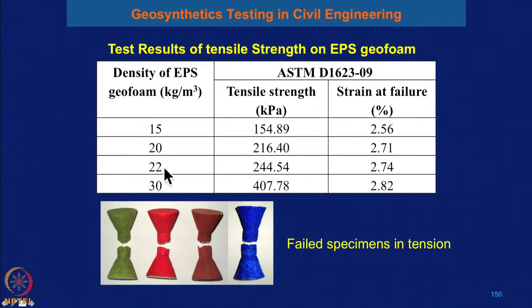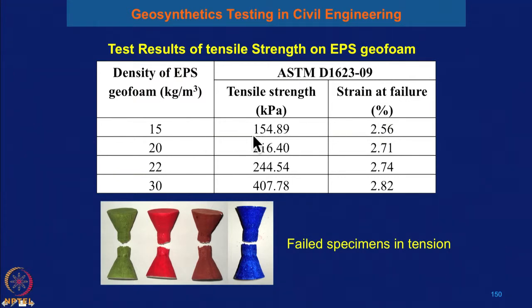For EPS density of 22 kg per meter cube, the tensile strength is 244.54. And for EPS density of 30 kg per meter cube, the tensile strength is 407.78. And here you can see the strain at failure.